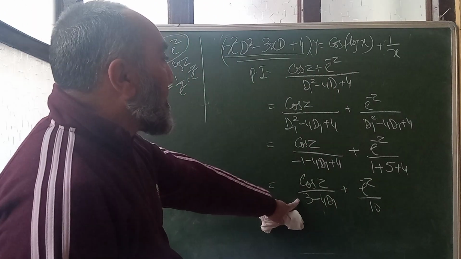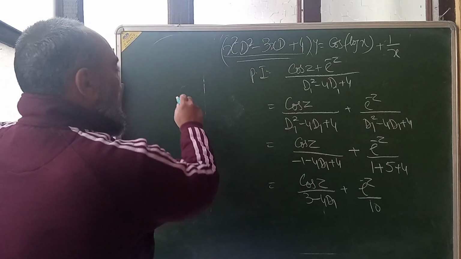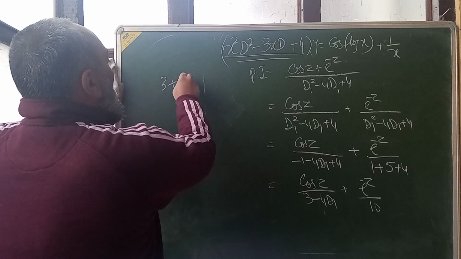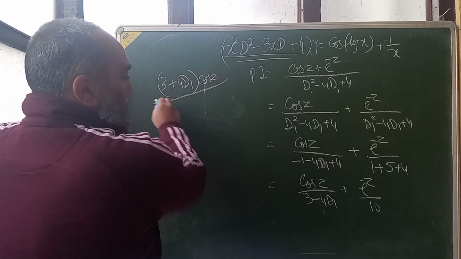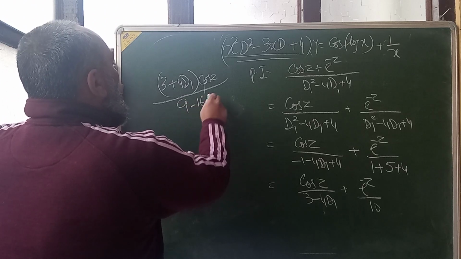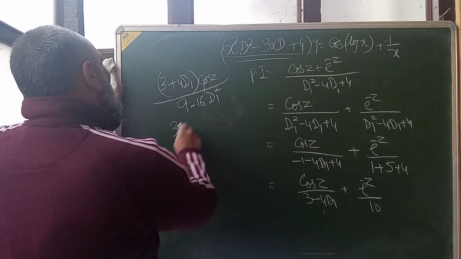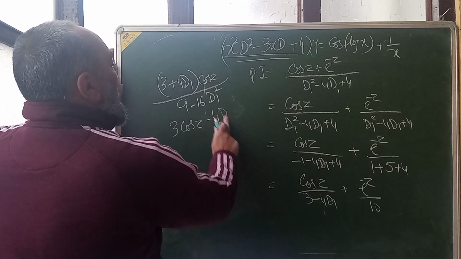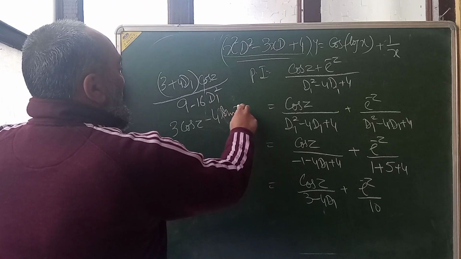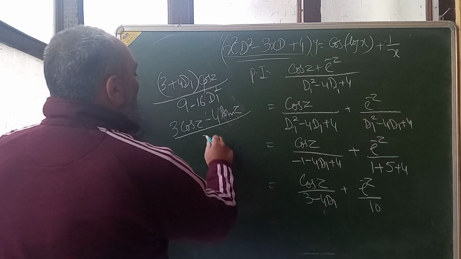Now rationalize it. This is (3 plus 4 D1) cos z upon 9 minus 16 D1 square. It is 3 cos z plus 4 D1, D differentiation of cos is minus sin, upon, D1 square is minus 1, so it is 25.